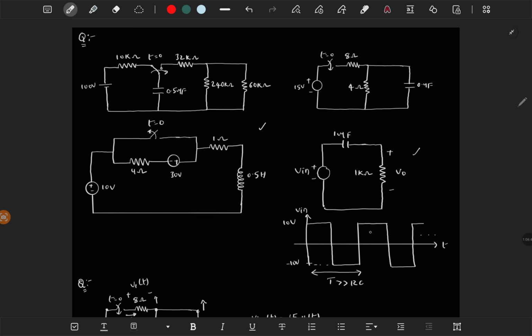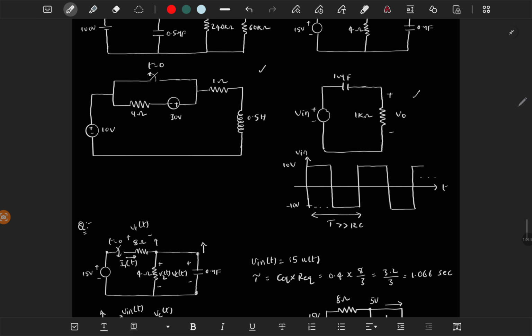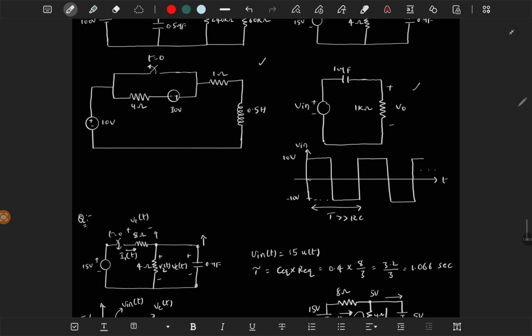The time period of that square wave is much greater than RC, even higher than 5 times RC, even T by 2. It means we wait more time so that the circuit reaches steady state, and then we change the voltage again, and again wait so that the circuit reaches steady state, so that we can analyze easily.